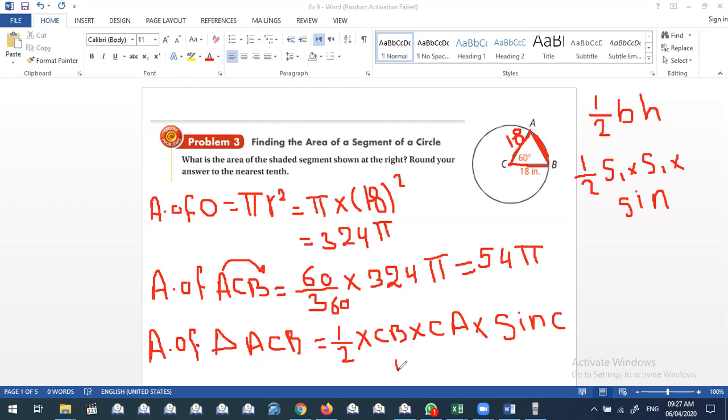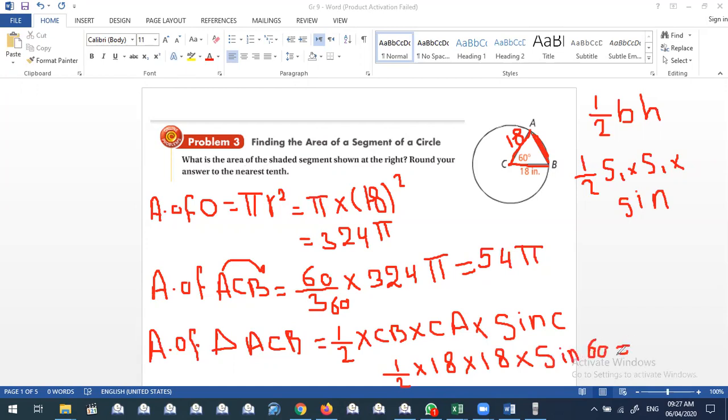So it will be half times CB is 18 times CA is also 18 times sine C, which means sine 60.